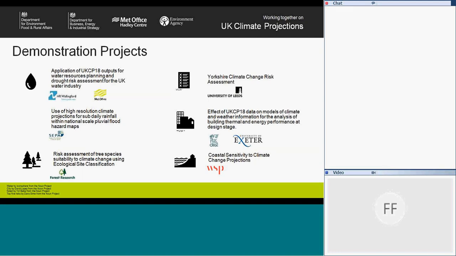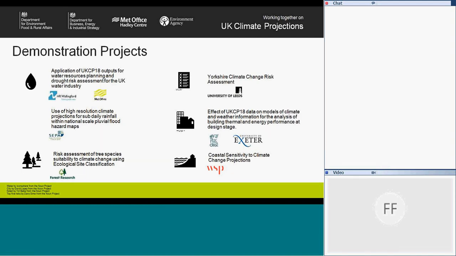As part of that, what they're highlighting is what work needs to be in place, or what funding or what projects need to be in place once the data is made available, so that everyone hits the ground running when the data is available. One of the projects I'd like to highlight is probably the climate change risk assessment of Yorkshire.